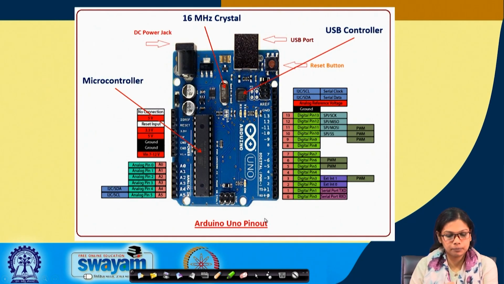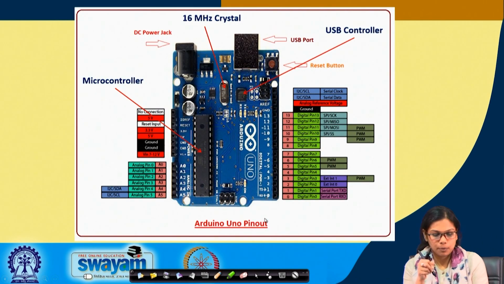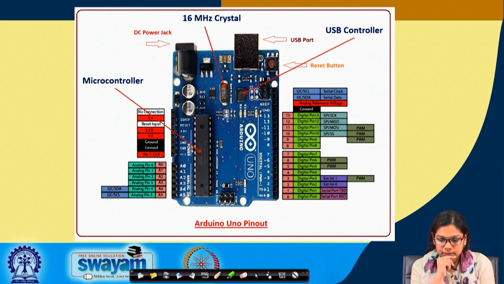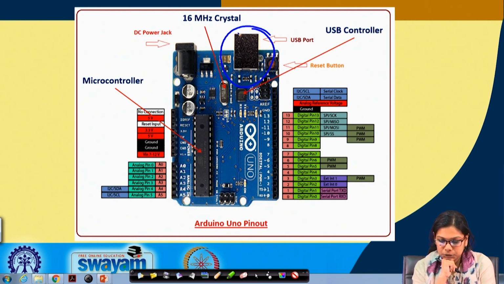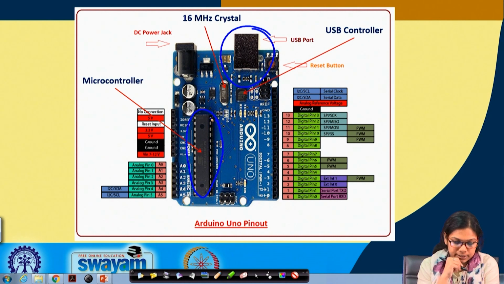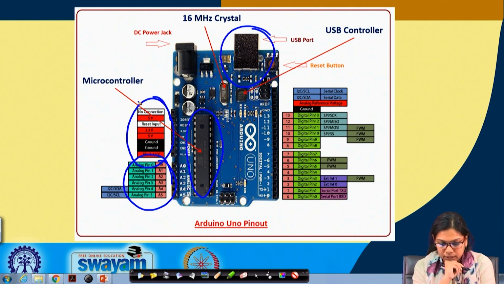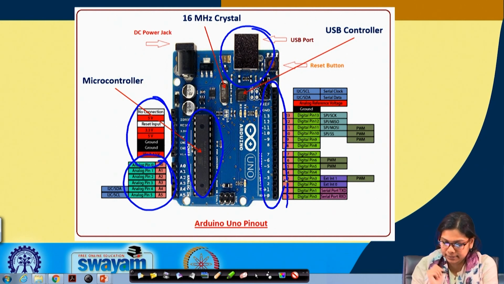Now let us move on. This is the board diagram. So as I have told you, this is the USB port through which you can connect to the USB port of the PC. This is the microcontroller that we are using. These are the analog pins, a set of analog pins. These are for the power, and if you see, these are digital pins, but some of the digital pins are also PWM.